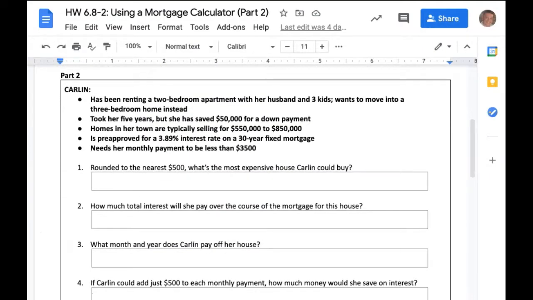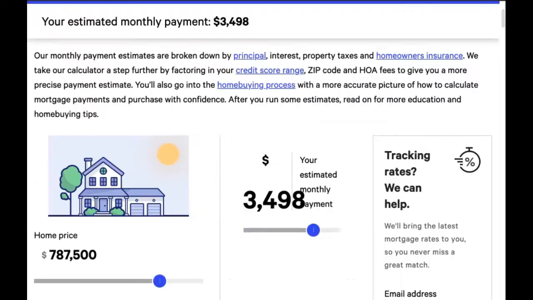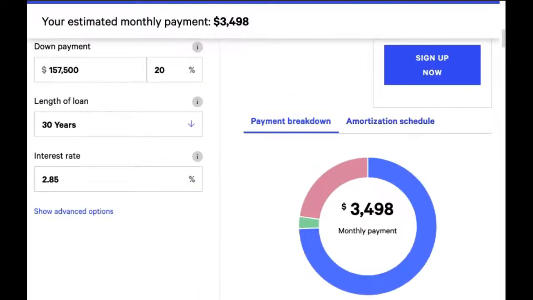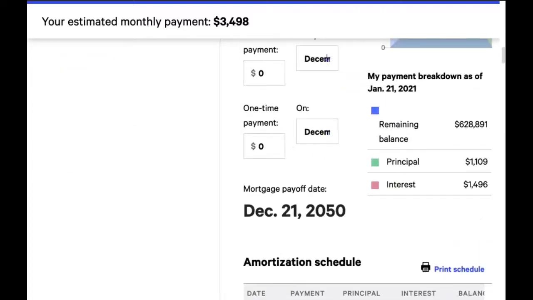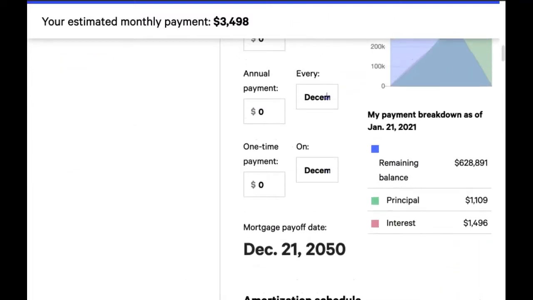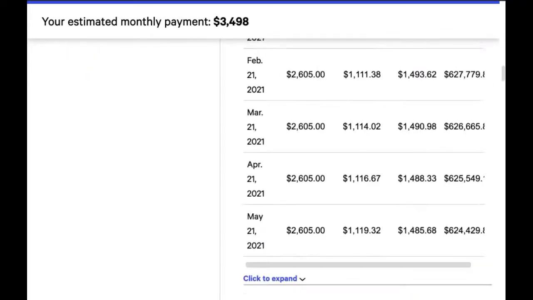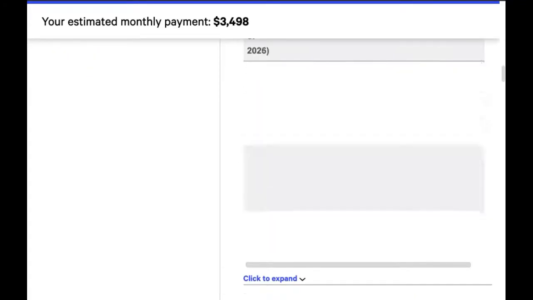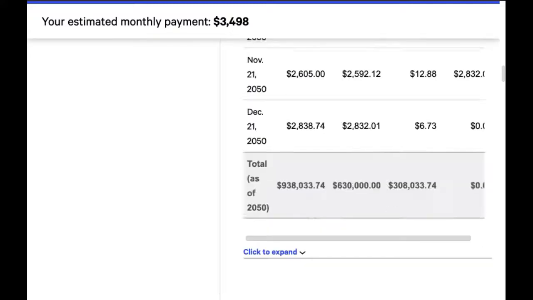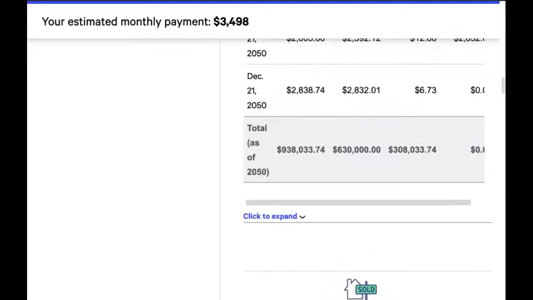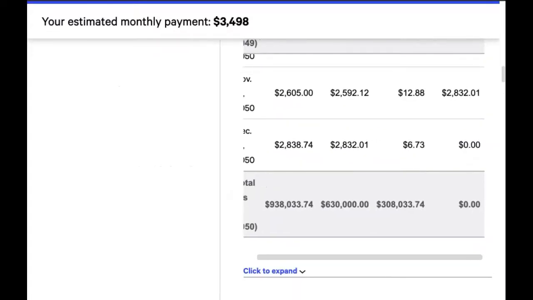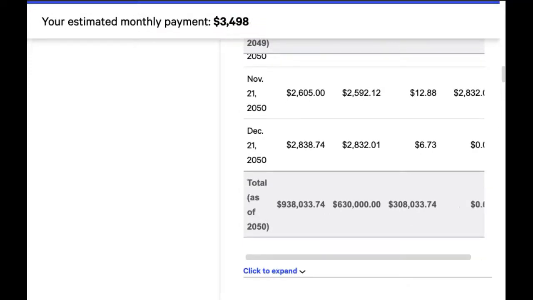How much you should pay over the course of the mortgage. So if you check the amortization schedule, you go all the way to the bottom, 30 years from now. It'll say how much interest you end up paying, how much you will pay in total for the house.